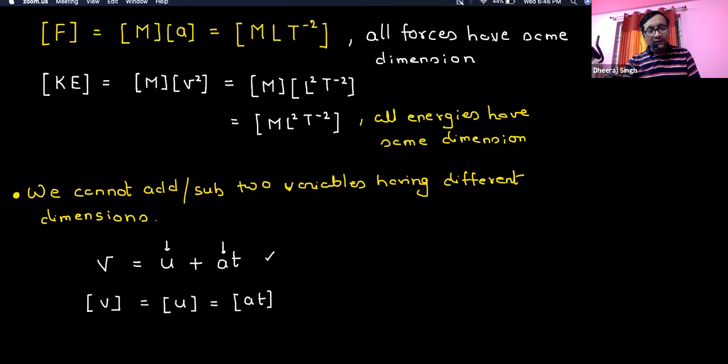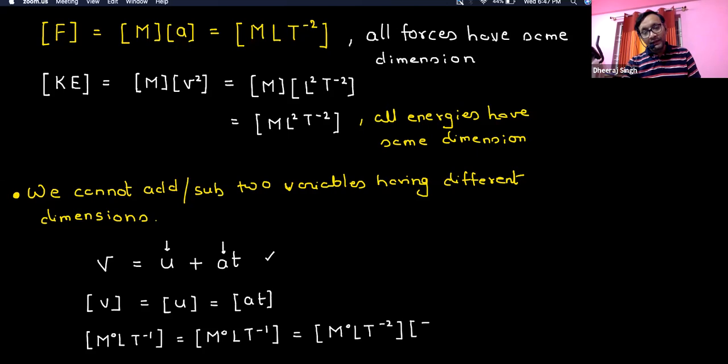Dimension of velocity is M to the power 0 L T to the power minus 1. Initial velocity also has the same dimension. Acceleration has L T to the power minus 2, and then you multiply T to the power 1, which is time, and it comes out to be M to the power 0 L T to the power minus 1. You can see everything has the same dimension.